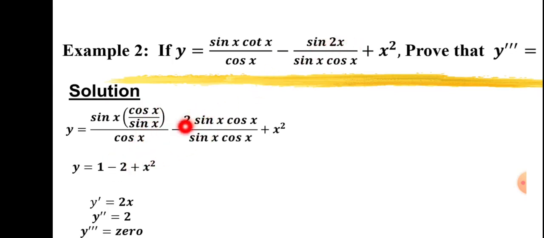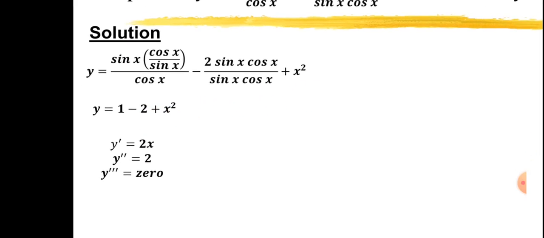Sine 2x can be written as 2 sine x cosine x. It is an old rule, sine 2x equals 2 sine x cosine x. Here we have sine x cosine x, so you can simplify this by deleting the 2 sines and the 2 cosines, so we have minus 2 here, plus x squared.